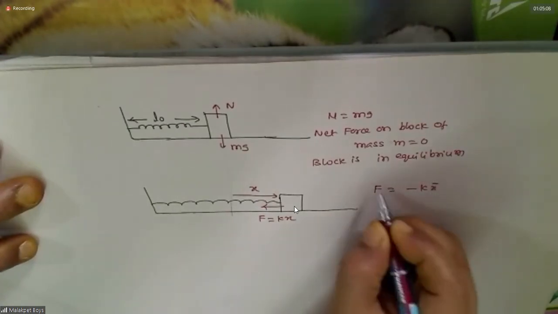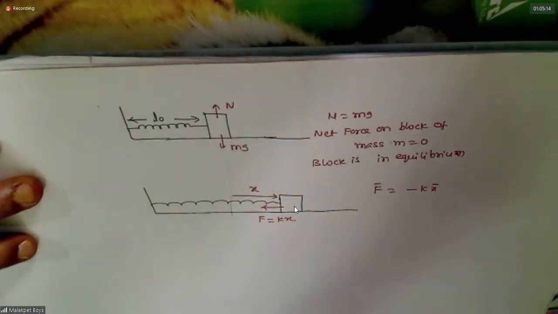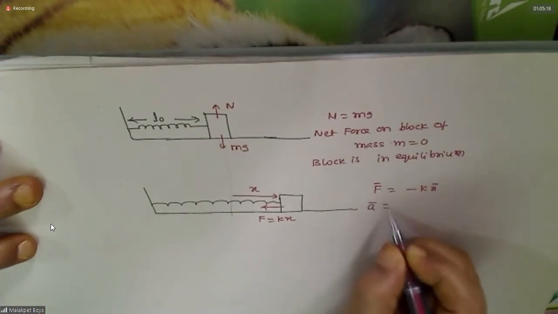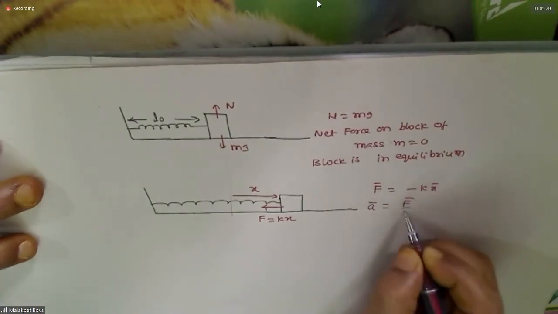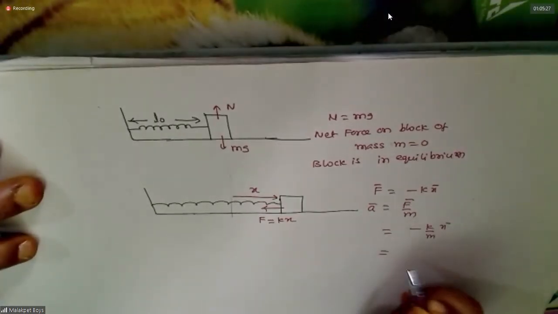Can I write like this? Yes, sir. We can do this. So what is the acceleration? F by m, that is minus k x by m. Okay.